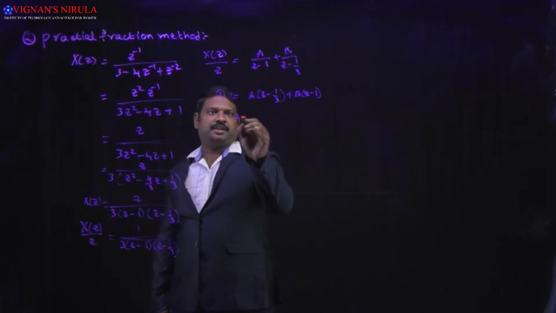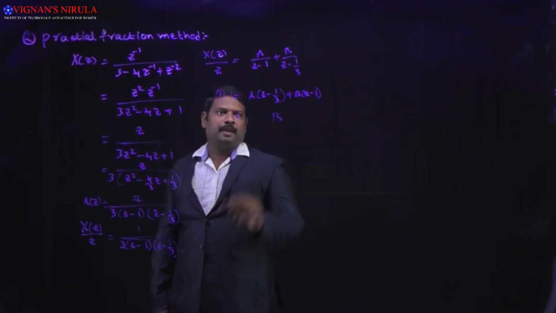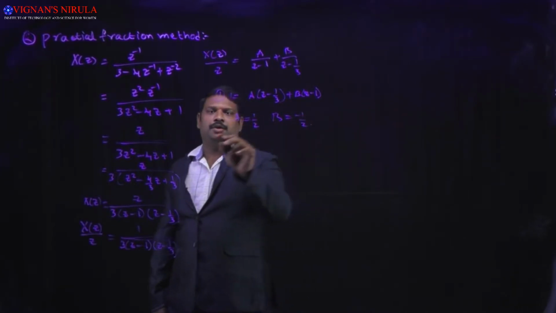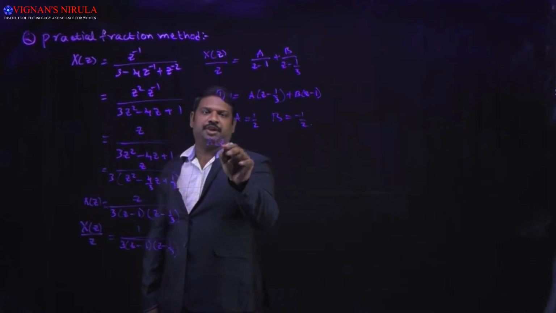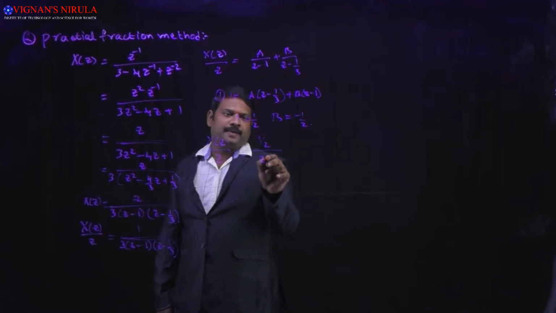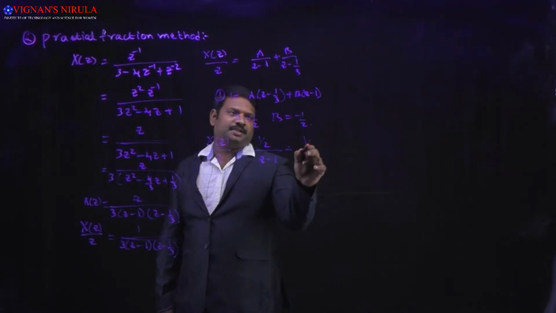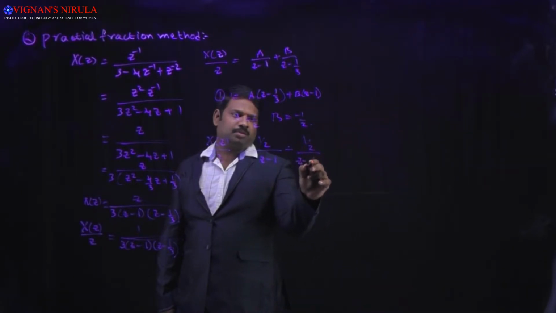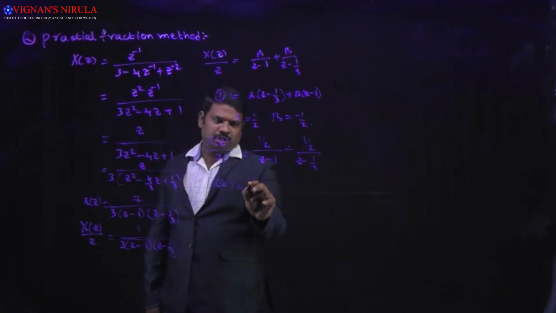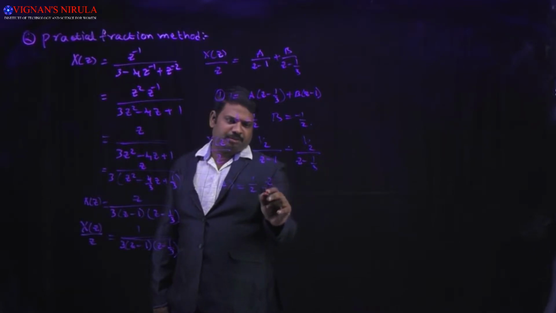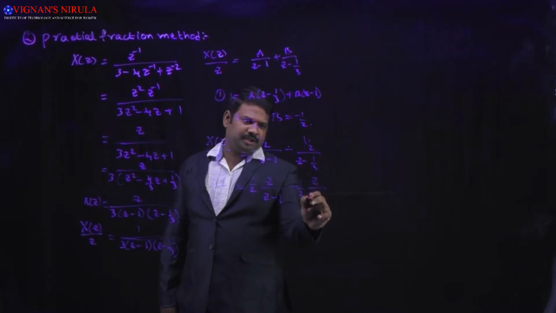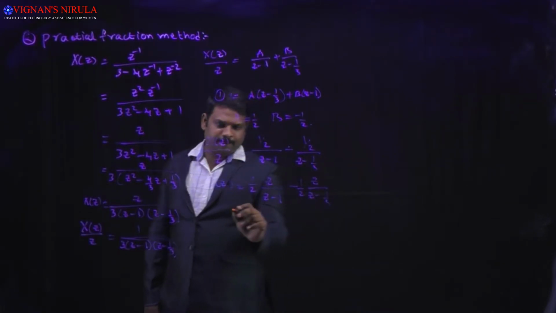When we calculate the A and B values, A is 1/2 and B is -1/2. Substituting, X(z)/z = (1/2)/(z - 1) - (1/2)/(z - 1/3). So X(z) = 1/2 · z/(z - 1) - 1/2 · z/(z - 1/3).